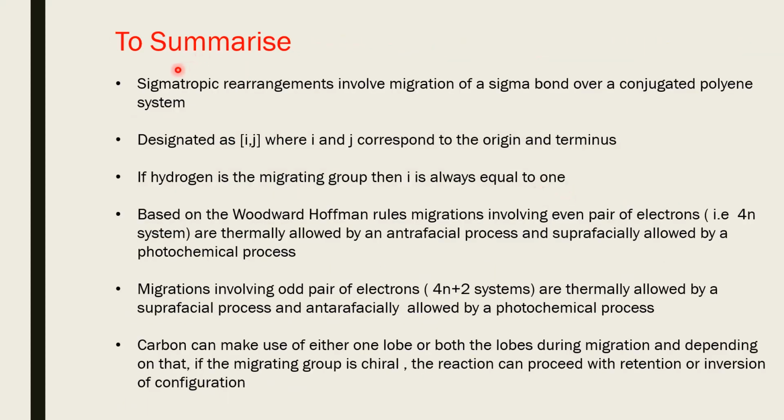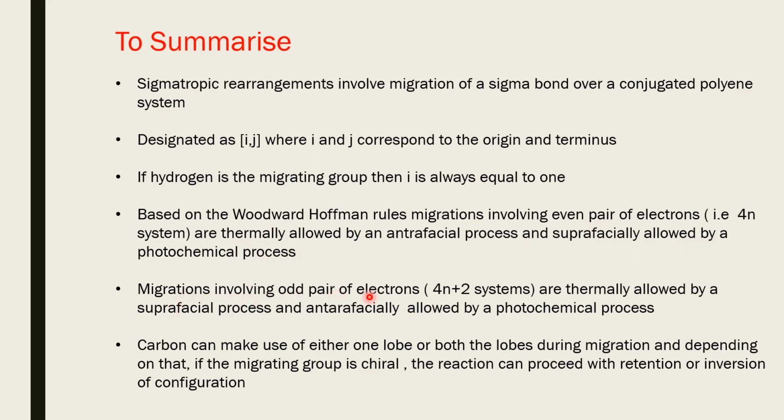So to summarize, sigmatropic rearrangements involve migration of a sigma bond over a conjugated polyene system designated as [i,j], where i and j correspond to the origin and terminus. If hydrogen is the migrating group, then i is always equal to 1. Woodward-Hoffmann came out with a set of rules, and depending on that, if there are an even number of pairs of electrons, that is a 4n system, they are thermally allowed by an antarafacial process and photochemically allowed by a suprafacial process.